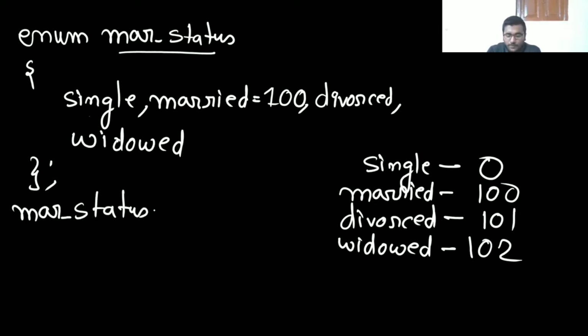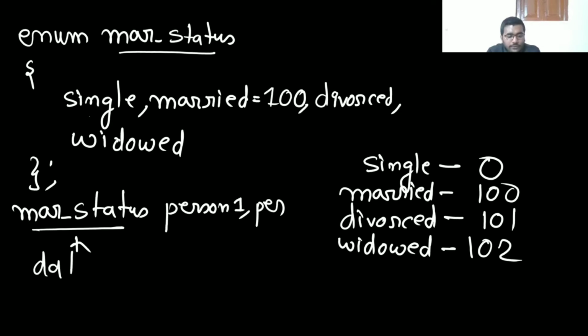And if you want to declare a variable of this, you can write status person 1, person 2, like this. So this is like a data type. You are defining a user defined data type. It is an enumeration constant, which is a user defined data type where you decide the values it should have.